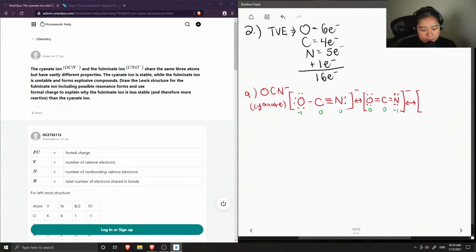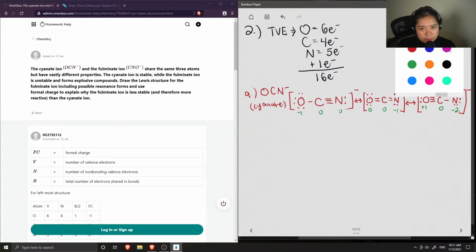And then lastly, we could have a triple bonded oxygen and a single bonded nitrogen. If we calculate all the formal charges for the atoms, this oxygen will have a +1 charge, carbon is still neutral, and this time our nitrogen has a -2 charge.